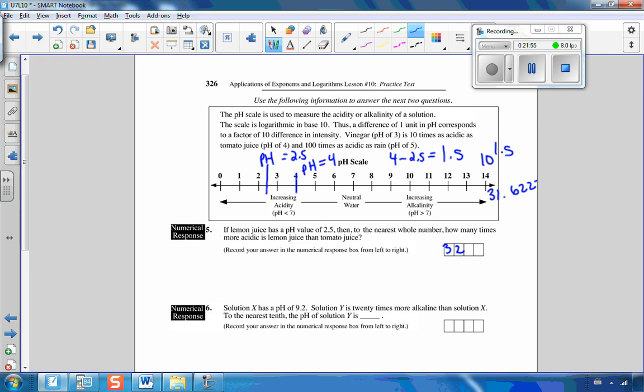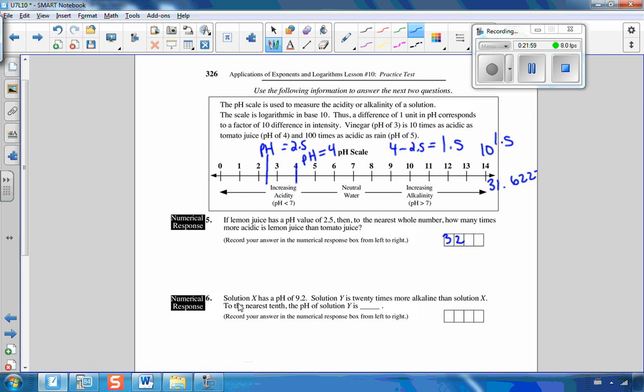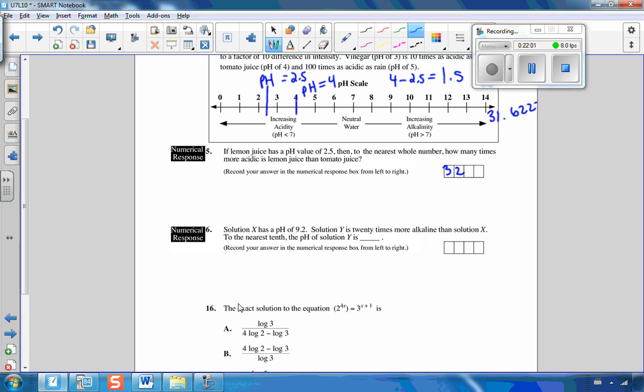Okay, next one. Solution X has a pH of 9.2. Solution Y is 20 times more alkaline than solution X. So it's more alkaline, and alkalinity, or moving in the basic direction, is a higher number. So we need to find the difference between Y and 9.2.